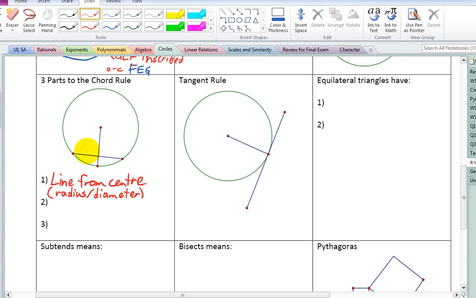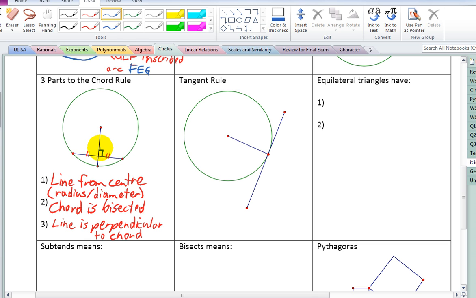Yes. Then what happens is a chord is bisected and so then what we get is the line is perpendicular to the chord. So we need to have a 90-degree symbol.